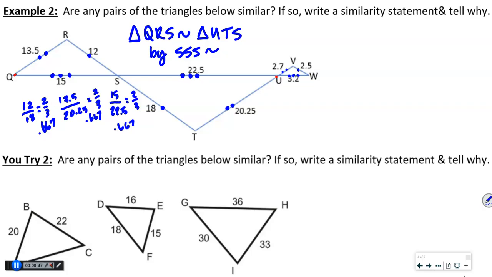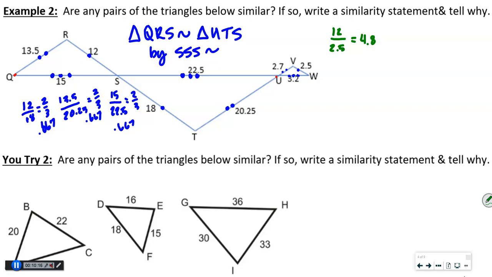Okay, let's check the other one. Let's do this one now. So we do 12 over 2.5. When I do 12 over 2.5, I got 4.8.